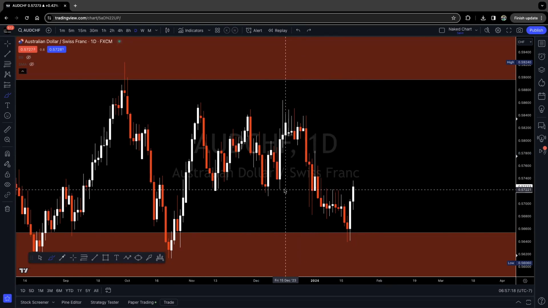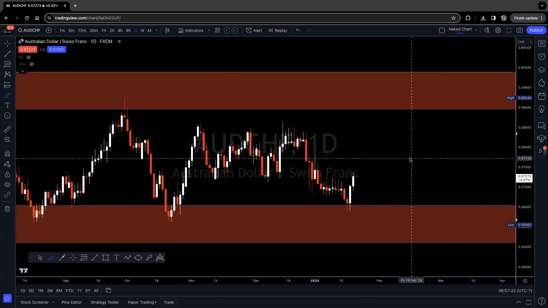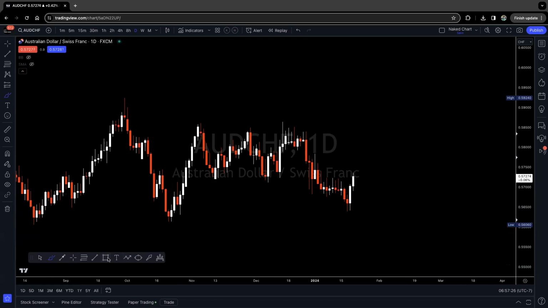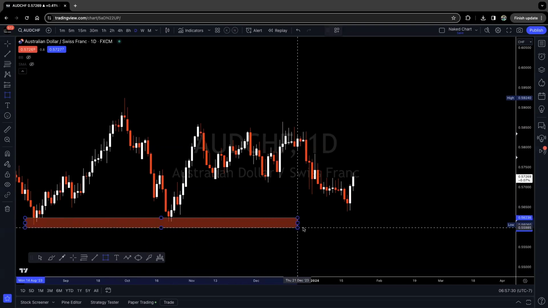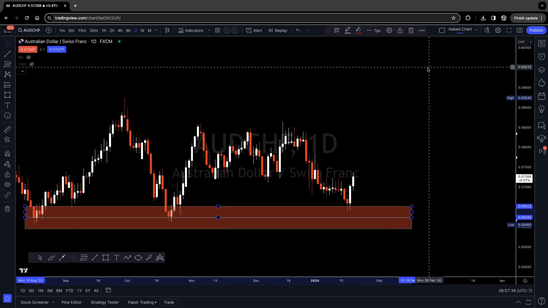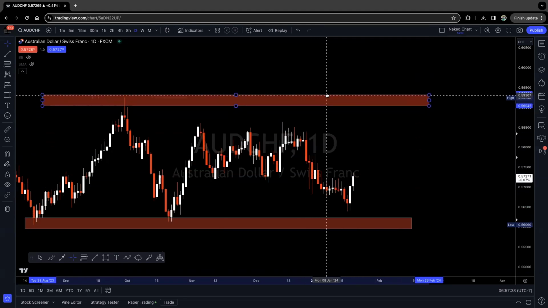Regardless if you are a scalper, an intraday trader, or a swing trader, you want to trade from the best levels. And if we look at this chart, we've already looked at it from the higher time frame. We know that this area is our best level to buy, okay? And we've already identified that this area is our best level to sell, okay?